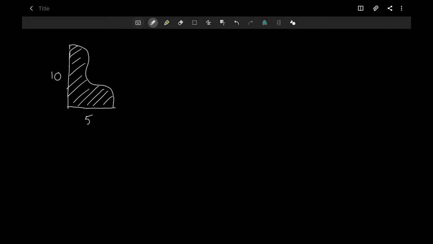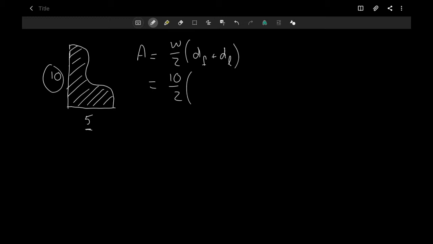Let's do one more example. Let's say we have a shape that looks something like this. Again, we write down the formula first. A is equal to W over 2, dF plus dL. So on this diagram, we know that W is 10. So it'll be 10 over 2. dF is 5 plus dL.